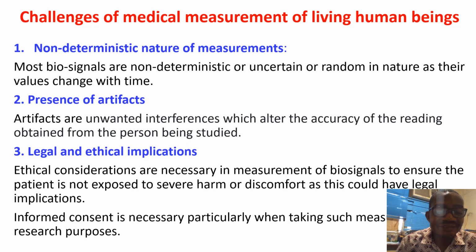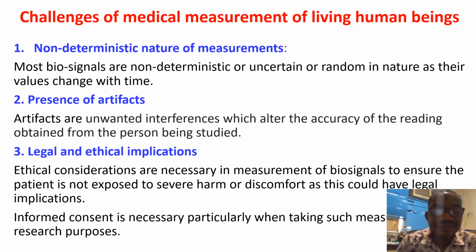To avoid such challenges, it's important that we adhere to ethical principles while assessing your patients or while taking biological measurements from living human beings. So it's important that we adhere to ethical standards, particularly in research. Before you undertake any research in human beings or animals, ethical approval is compulsory.